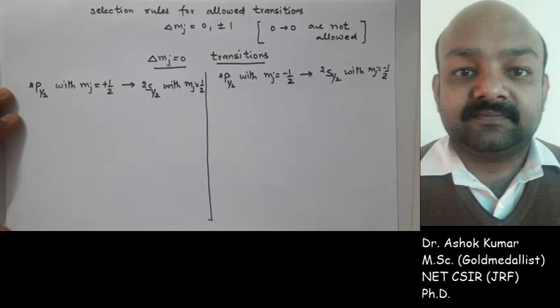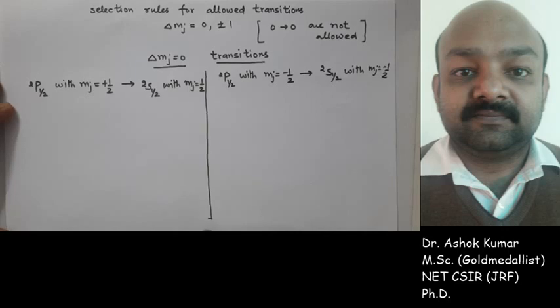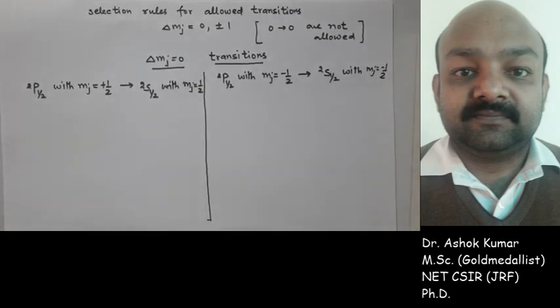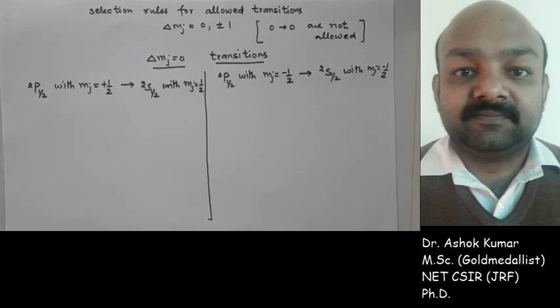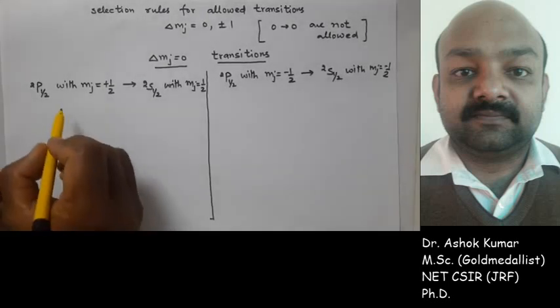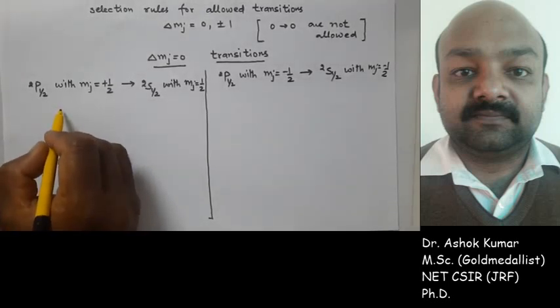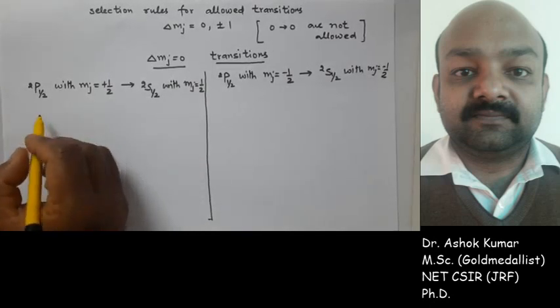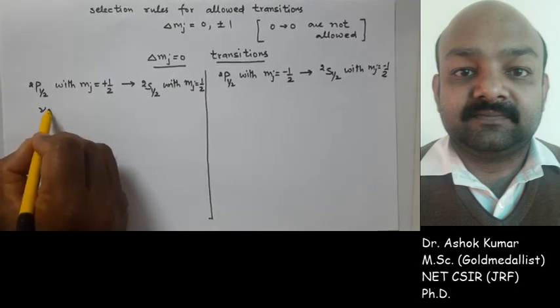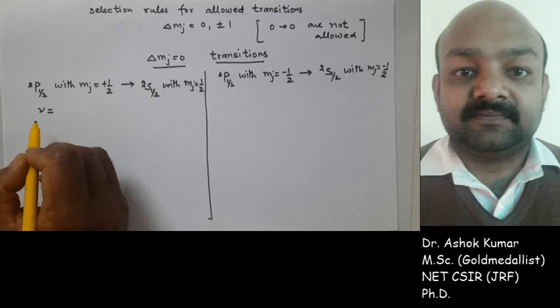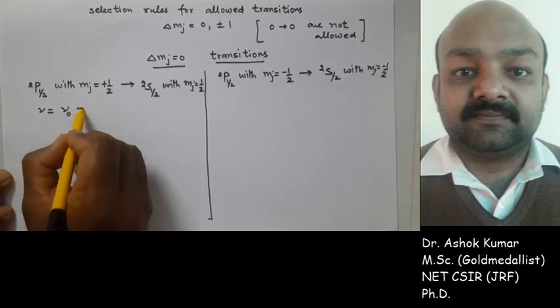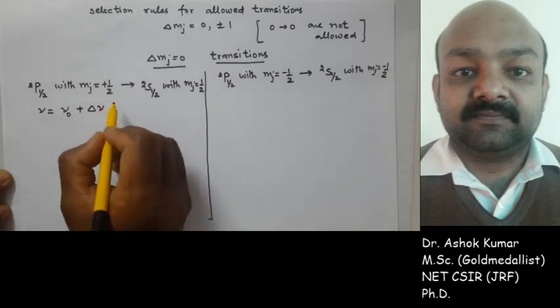So these two transitions are the ones I have just shown you in the energy level diagram. Now we will find the frequency for these transitions, and the formula for the frequency that we derived in our first lecture on the Zeeman effect was given by this.